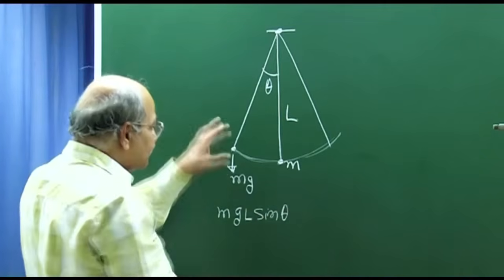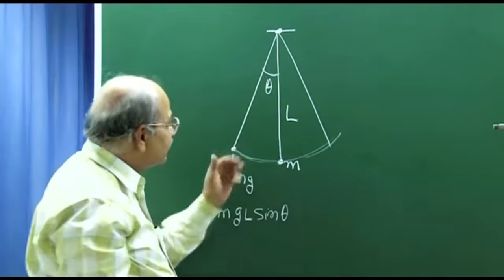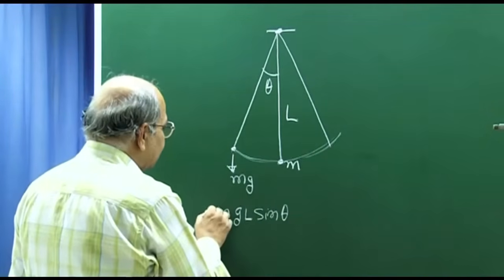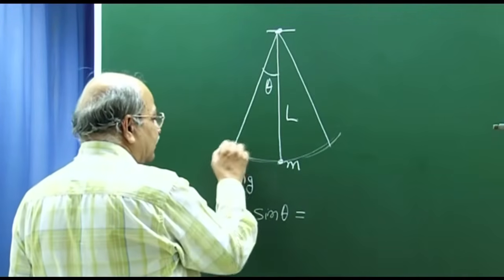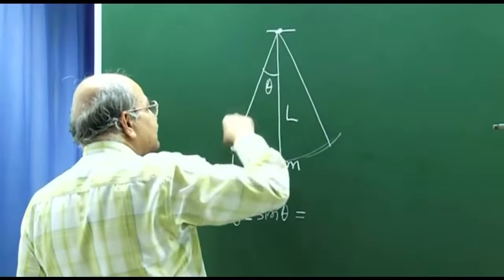That is the torque of this mg, and it will try to decrease this theta here. So, this is mg L sine theta in the opposite direction, and that should be equal to I alpha, and moment of inertia will be mass times length square.